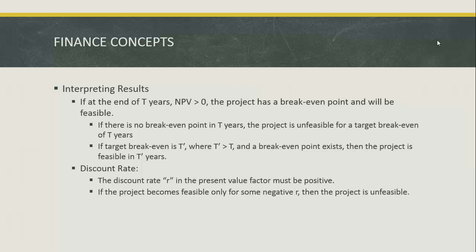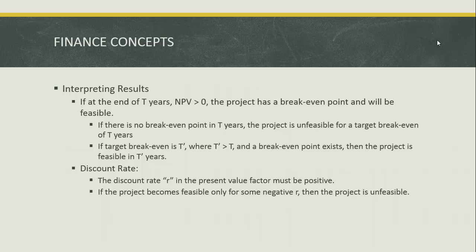If a project does not break even according to the mission statement of the project, then it is deemed unfeasible. However, if the target break even is T prime, for example, where T prime is greater than T, and at the end of T prime, NPV becomes positive, then the project is feasible in T prime years.